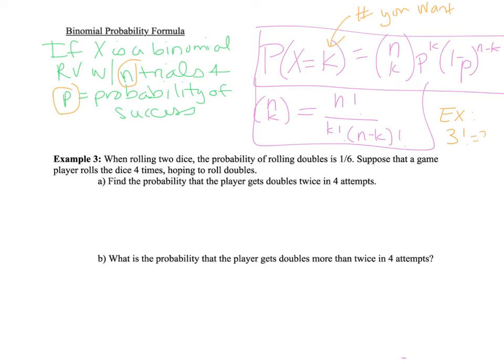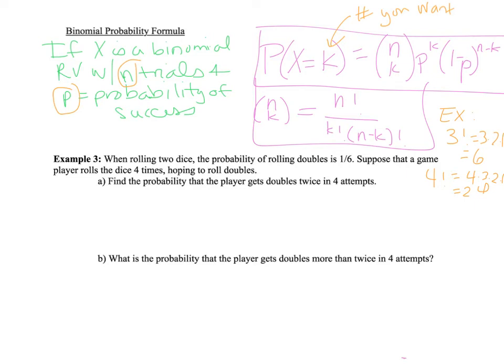You just do 3 times 2 times 1, which gives you 6. So that pattern's going to work for all of them. There's going to be a few ways to simplify it a little bit. If that's new to you, it's not too hard. You're just doing like 4 factorial, for example. You do 4 times 3 times 2 times 1, which gives you 24. And as you do more of these, you'll find ways to simplify them out.